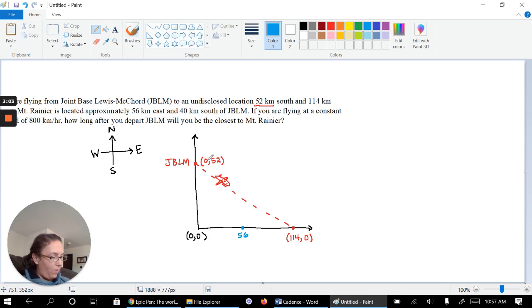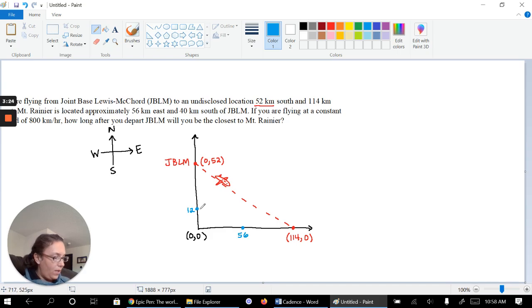So where would I be if I went 40 kilometers south of this original point here? I would be down here, right? And 52 minus 40 is 12. So this point right here would be at 12, okay?